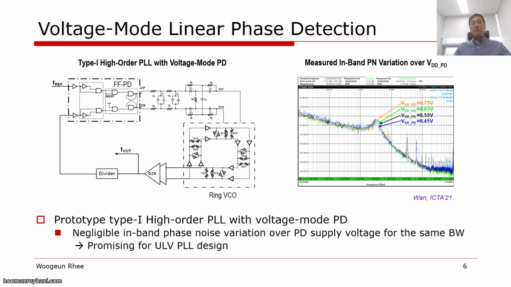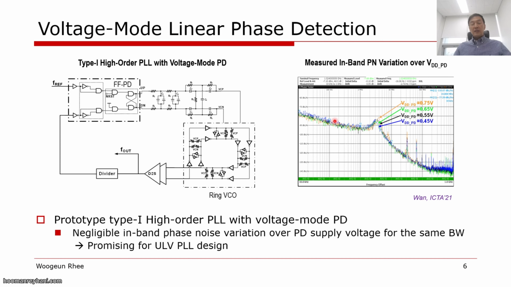So now let's talk about some analog cases. This is one prototype PLL having only a voltage-mode linear PD, directly followed by the low-pass filter. So this is a type 1 hybrid PLL. In this case, we made the loop bandwidth constant by changing the loop parameter, and then we only changed the supply voltage of the phase detector.